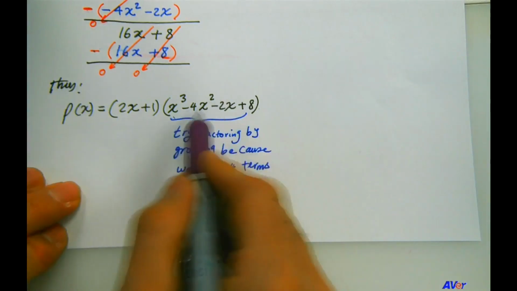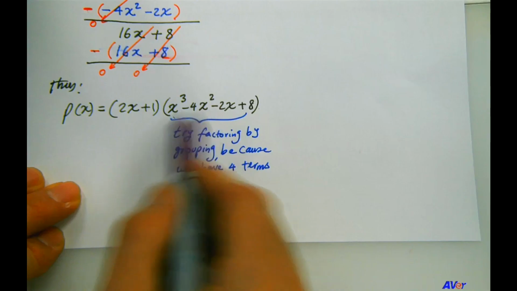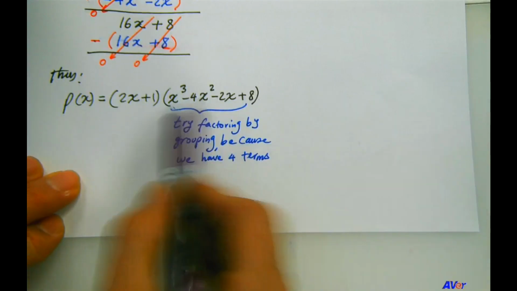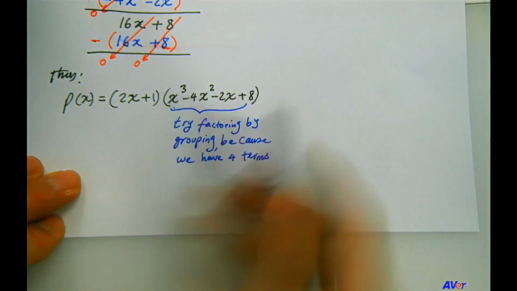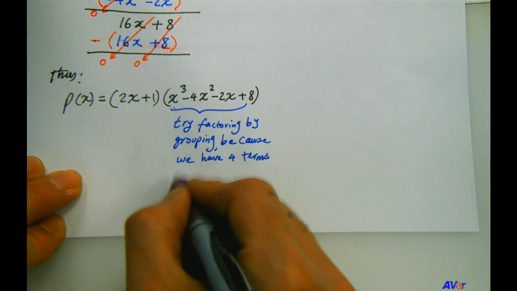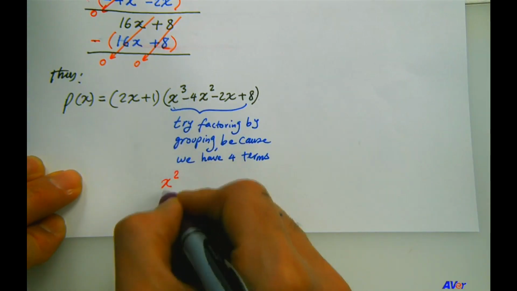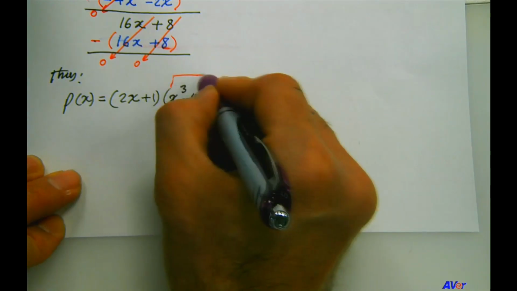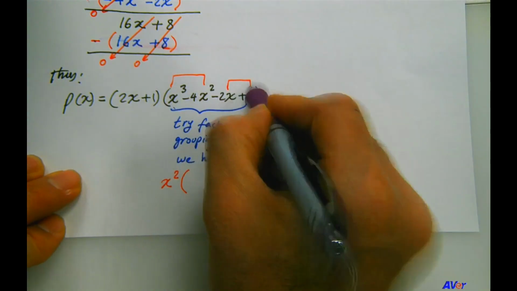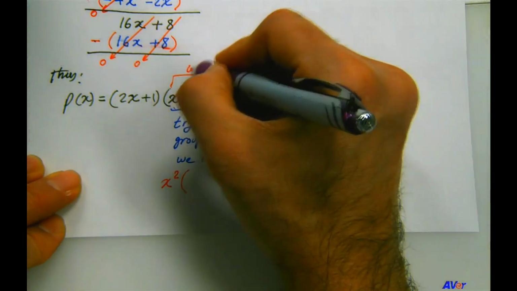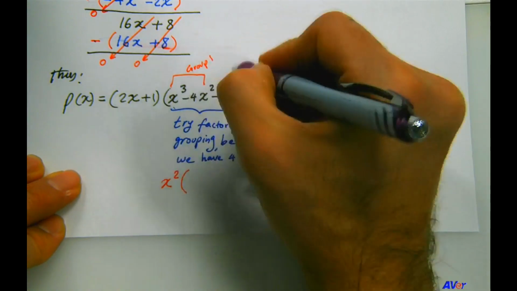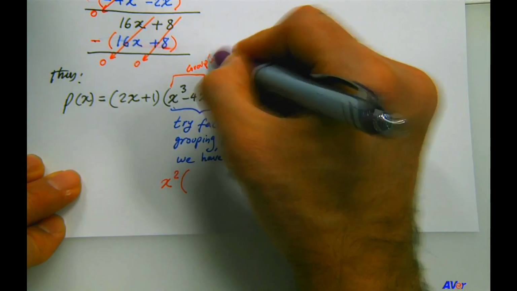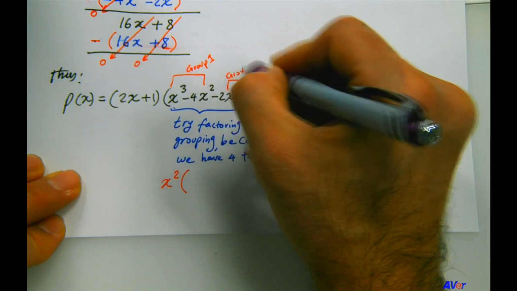So from the first 2 terms, what can we factor out? X squared, right? So we can factor out x squared out of these 2, and then we're going to group these 2 together. So group 1, group 2.